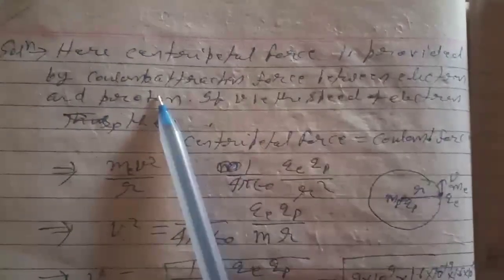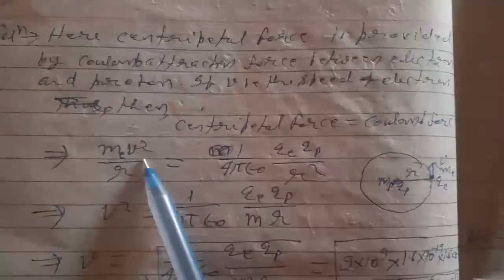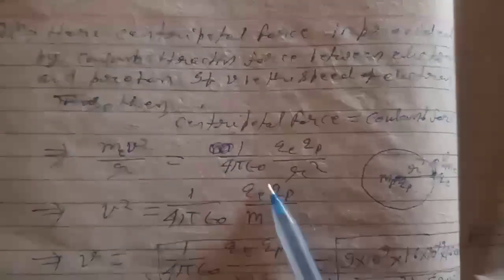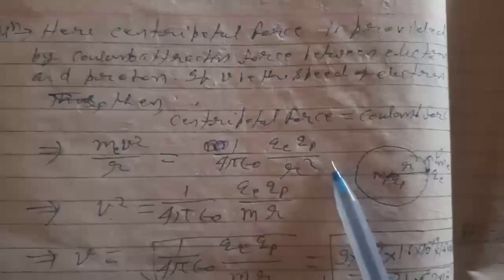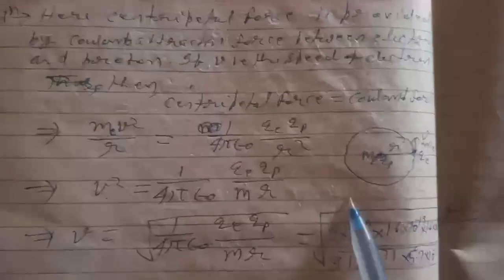Here centripetal force is provided by the Coulomb attraction force between the electron and proton. If v be the speed of the electron, then centripetal force equals Coulomb force. This implies m_e v square by r equals 1 by 4 pi epsilon naught Q_e Q_p by r square, where Q_e is the charge on electron and Q_p is the charge on proton, and r is the radius of the revolution.